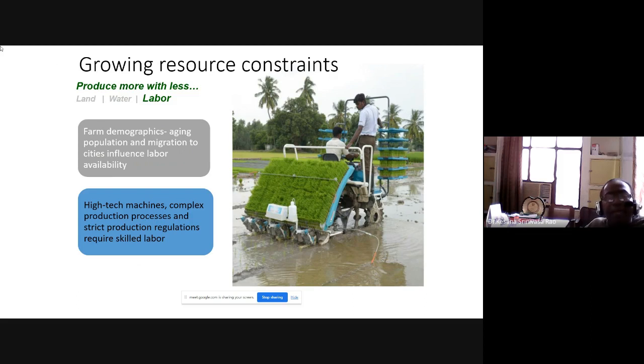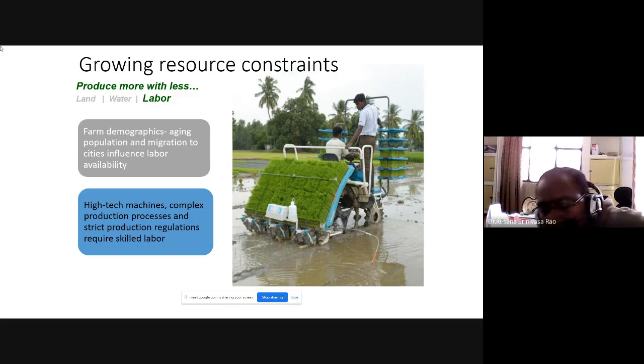High-tech machines, complex production processes, and strict production regulations require skilled labor nowadays. From plantation up to threshing of the crops, machineries have been introduced. So labor displacement technology has emerged because of labor shortage, and the cost of labor has also gone up.